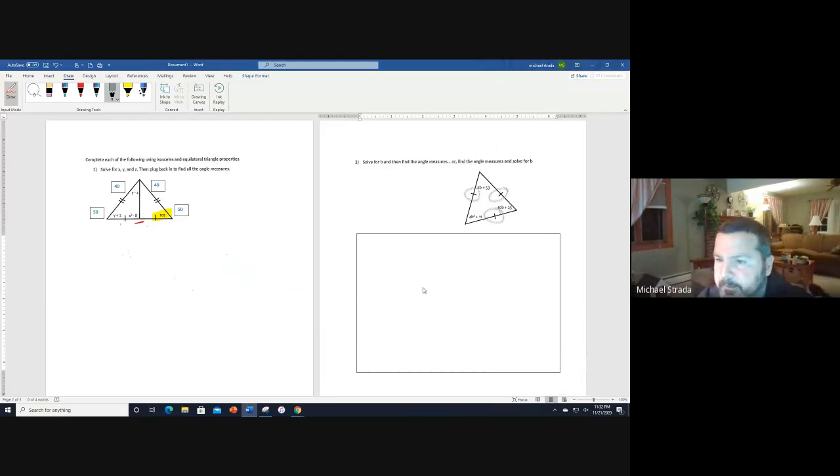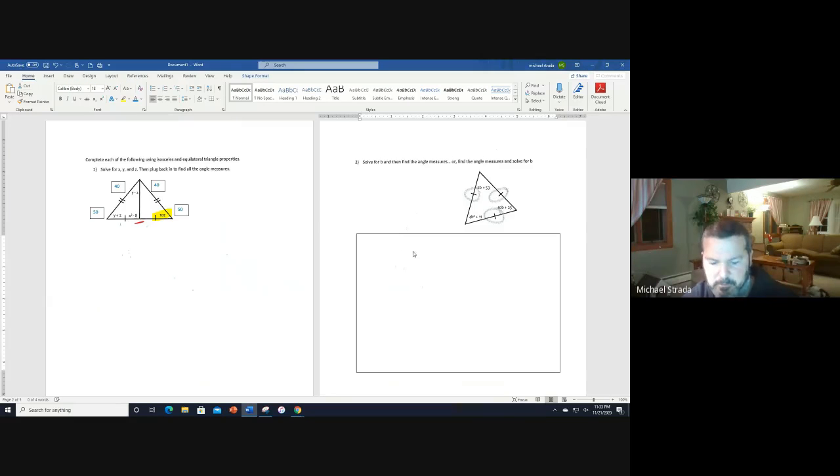So the easiest way is to take one of the linear relationships and set it equal to 60. So if I come here, I'm going to take the angle up top, 2b plus 53, and set that equal to 60. 2b equals 7 when I subtract the 53 from both sides, and b is going to equal 3.5.